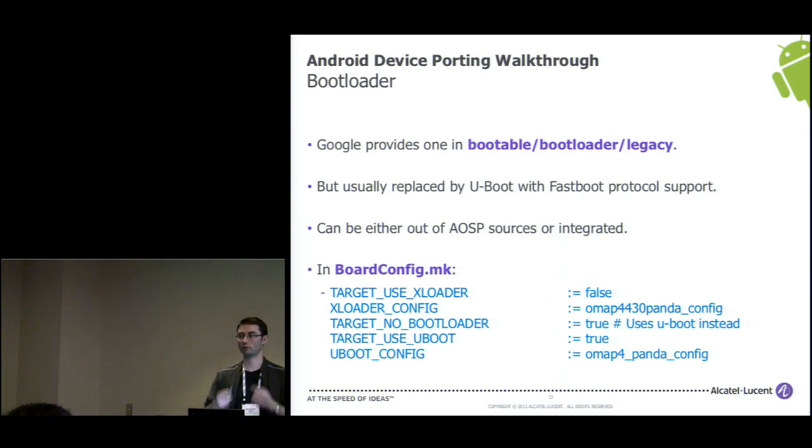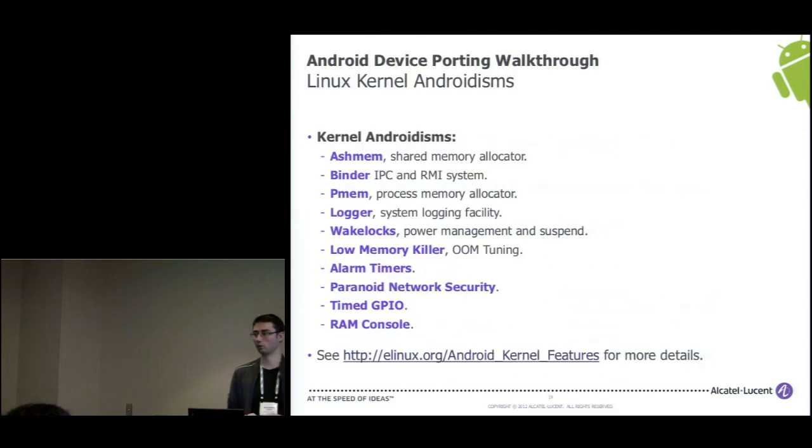When the system is trying to build U-Boot, it will use, in this case, the omap4_panda_config file, and the U-Boot bootloader that will be built will use the configuration file that you have here. So if you have a specific U-Boot and you have defined your own customization for your own specific device, just replace this generic name by your device, and everything will be built for you.